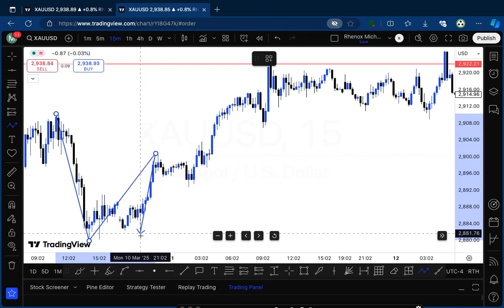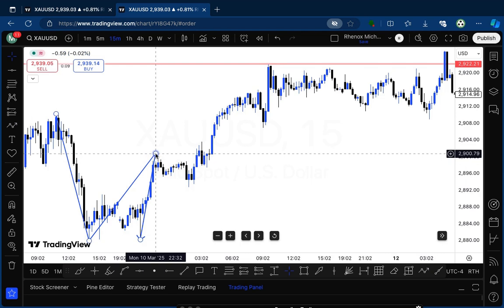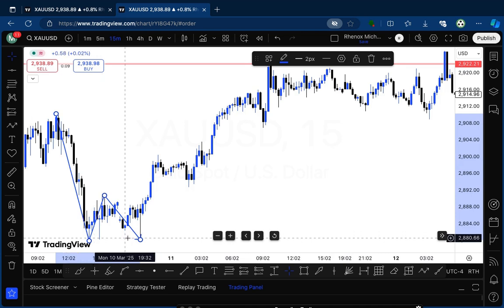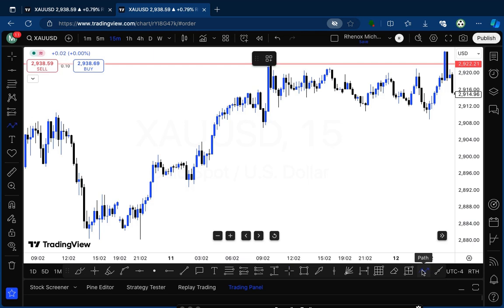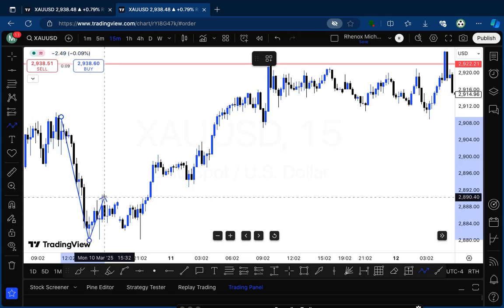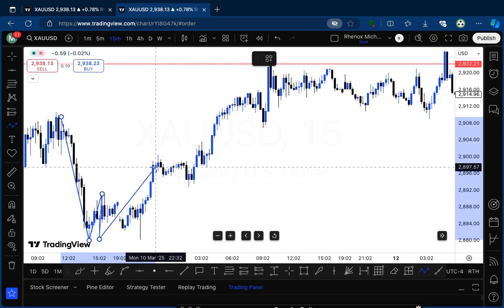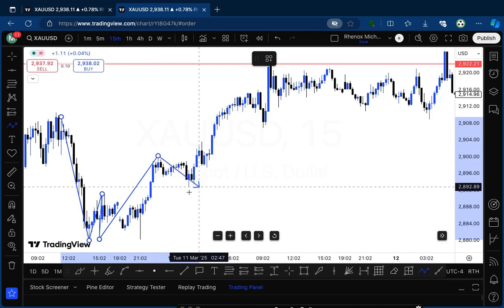Let me start that over. Now we had a higher high here, then we created a lower low, a lower high, a lower low again, then price broke structure, giving us a shift in market structure. After the break of structure, we had a retest to this level here.